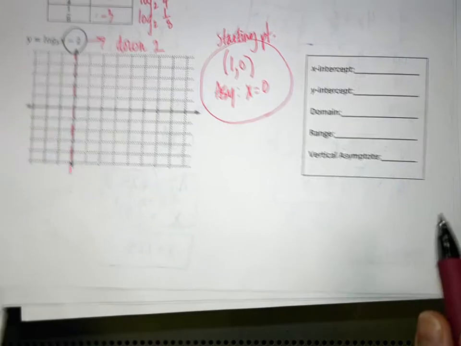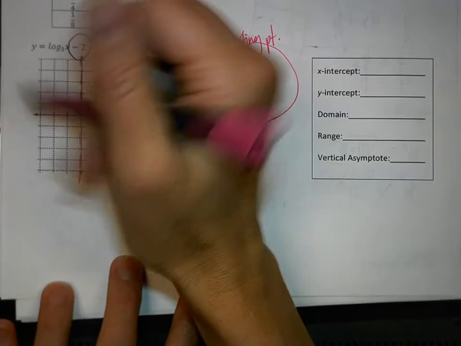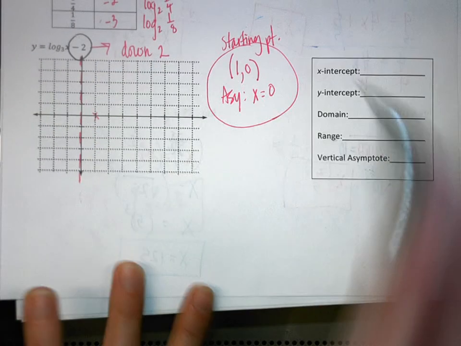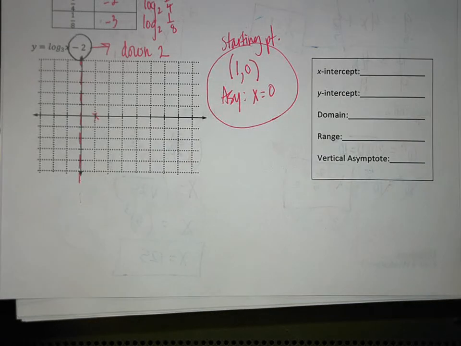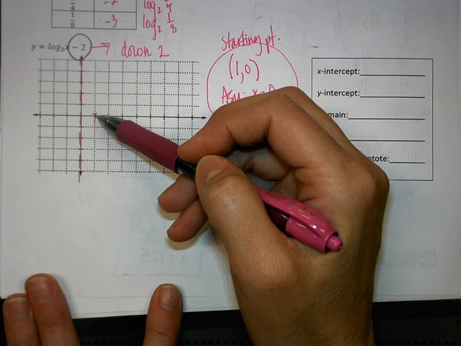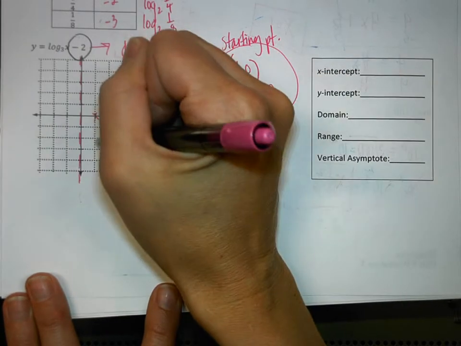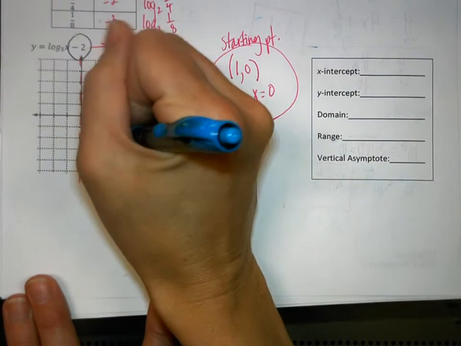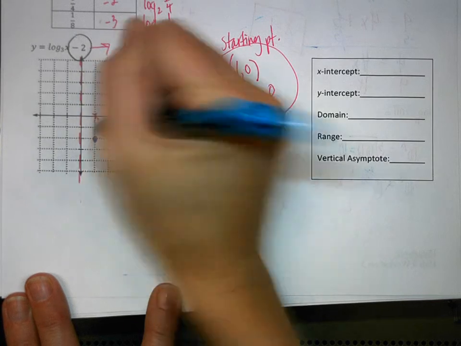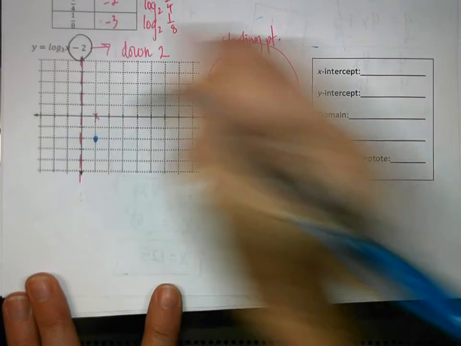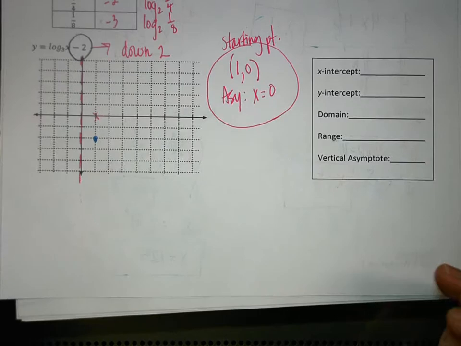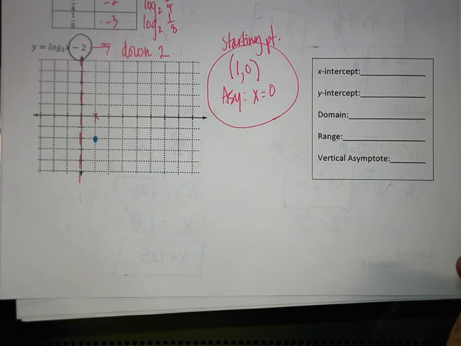And then normally we would put an x at 1, 0, and then we translate that. So that's going to translate which way? Down 2. So it's no longer going to be here, but we're going to move it down 2, and so that means my point is actually going to be here at 1, negative 2. Do we have questions on any of that?